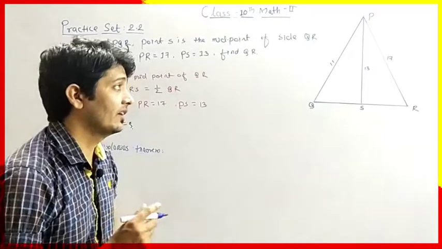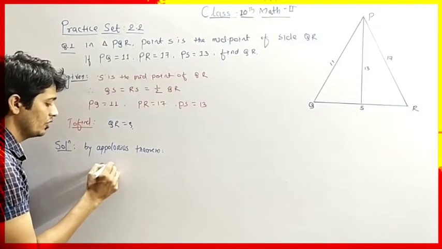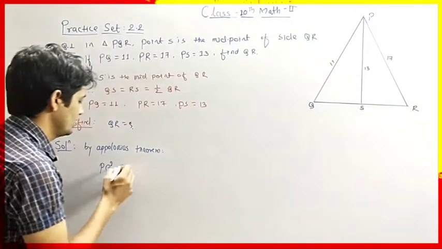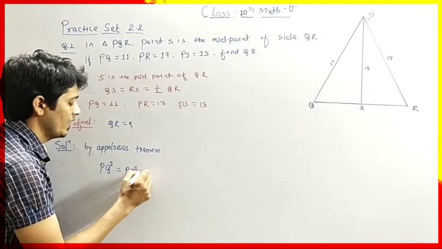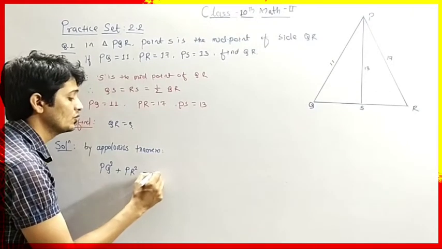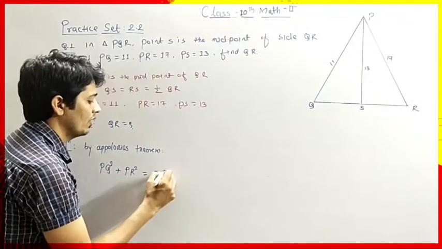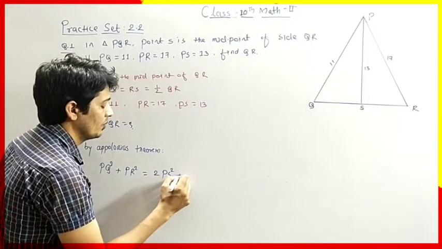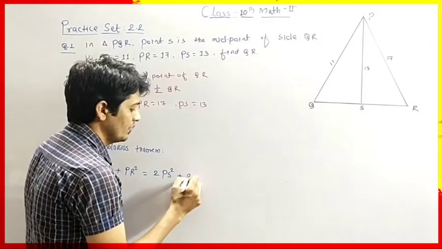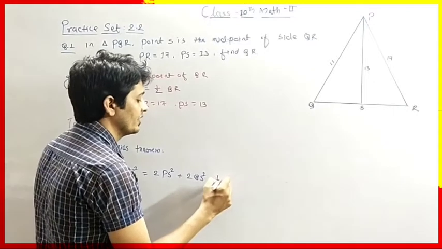According to this triangle, PQ square plus PR square equals to twice of PS square plus twice of QS square. This is by Apollonius theorem.